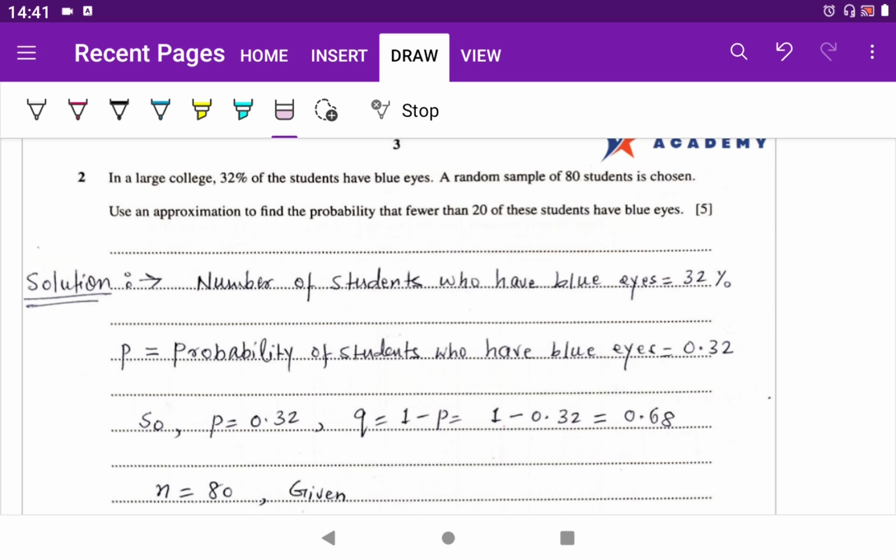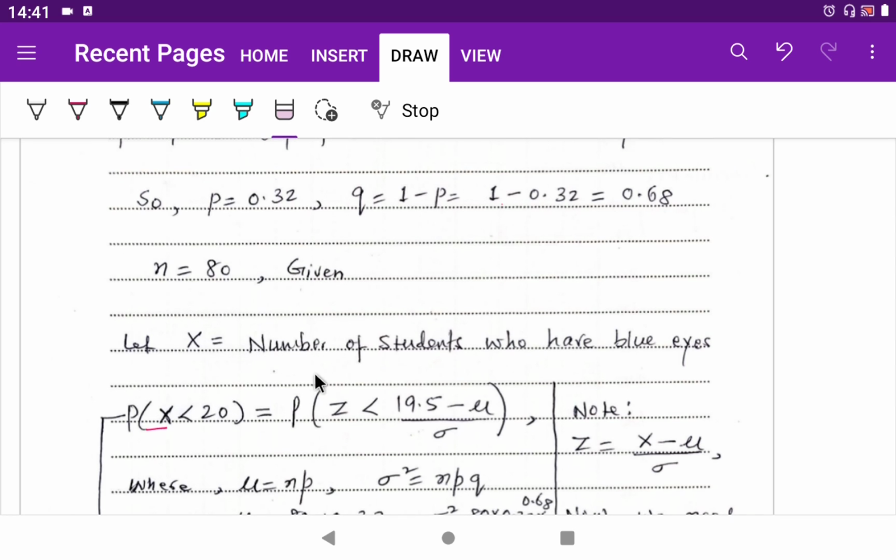The number of students is n, and n is equal to 80, given in the question. So let x be the number of students who have blue eyes, and we have to find x less than 20, so the probability of x less than 20.